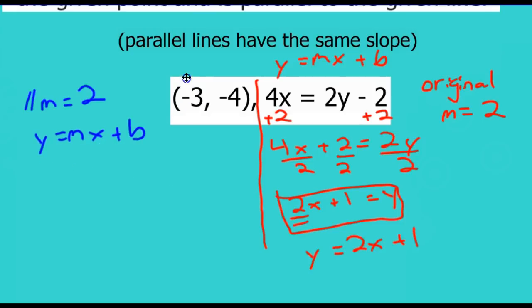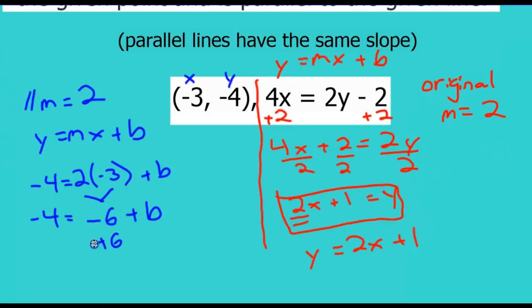But now we have a point, an x and a y, that we can plug into our equation. We know that the m has to be 2. Our x now is negative 3. Our y is negative 4. So 2 times negative 3 gives us a negative 6 equals a negative 4 plus b.